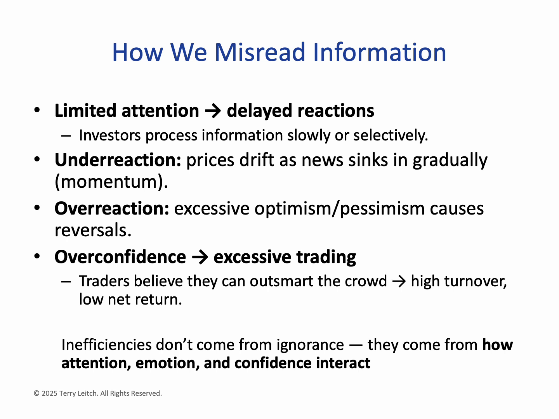Somebody who sits around and trades all the time, okay? They believe they can outsmart the market, outsmart the crowd with high turnover, but it actually ends up with a lot of small returns over time. But inefficiencies don't come from ignorance; they come from how attention, emotion, and confidence interact. Okay.